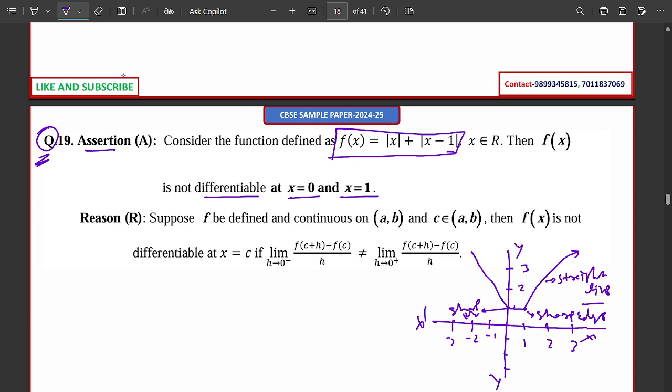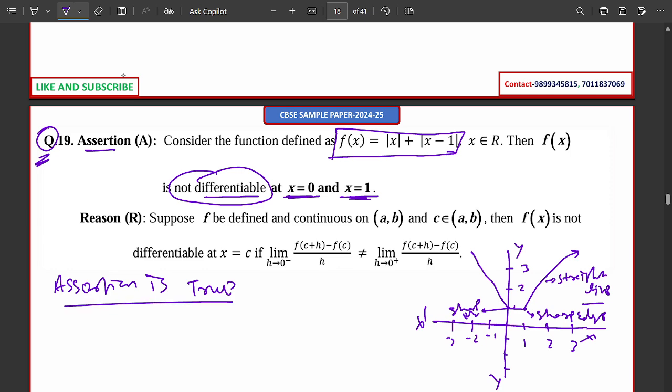The assertion also says this function is not differentiable at point x is equal to 0 and x is equal to 1. So assertion is true according to this diagram.